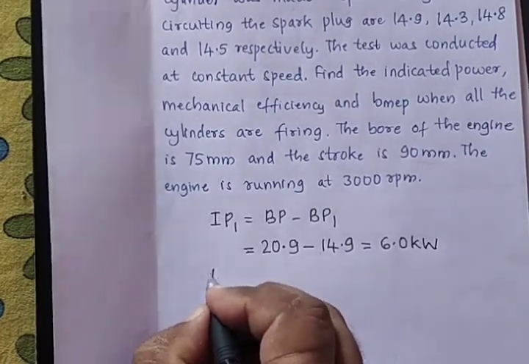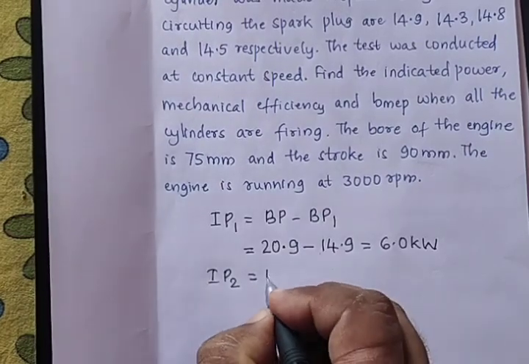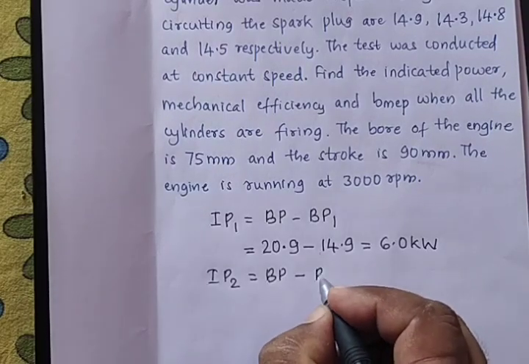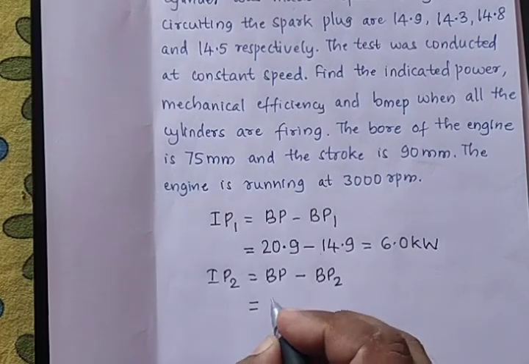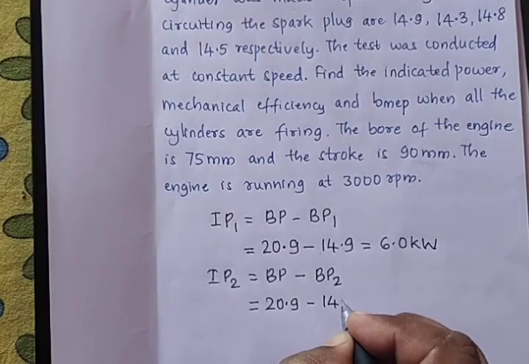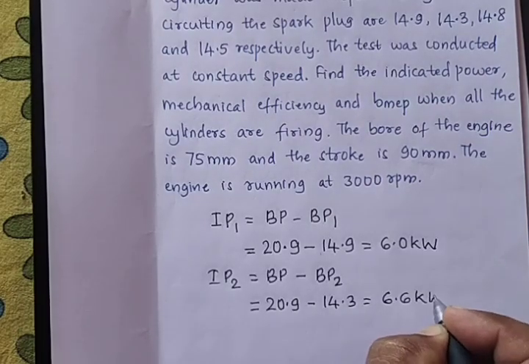Similarly, find out IP2, the indicated power of the second cylinder, that is BP when all cylinders are firing minus BP2, that is 20.9 minus 14.3, so you get 6.6 kilowatt.